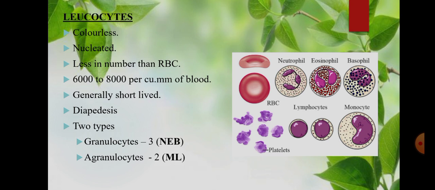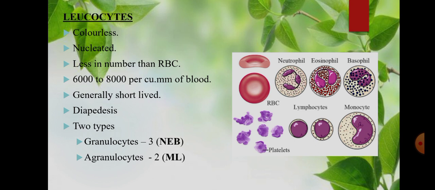If you take per cubic millimeter of blood, only 6,000 to 8,000 is present, whereas RBC is 5 to 5.5 million, but WBC it is only 6,000 to 8,000. And comparing the lifespan, it is generally short lived.